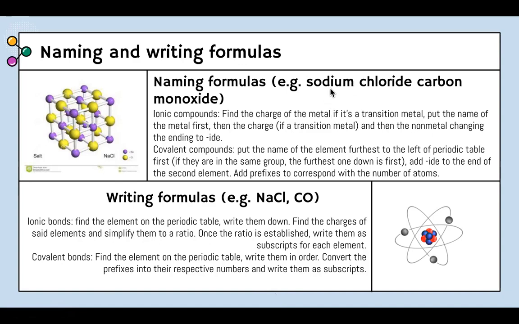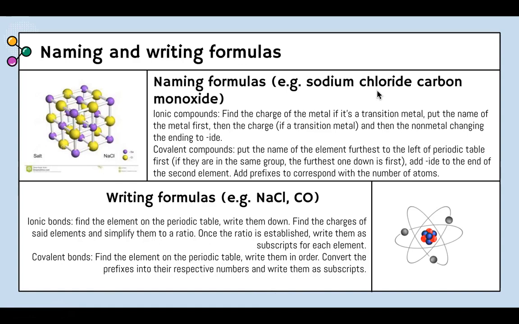As you can see here with this example, sodium goes first. And then if it is a transition metal, you put the charge in brackets as Roman numerals. And then the nonmetal goes at the end with, as you can see with this example, chlorine. The ending is changed to ide, I-D-E. So that makes sodium chloride.